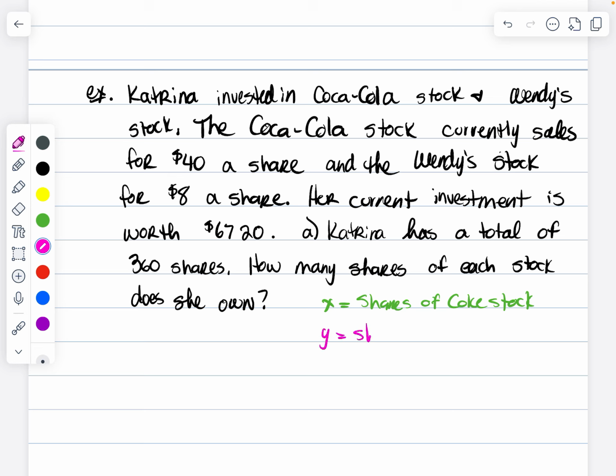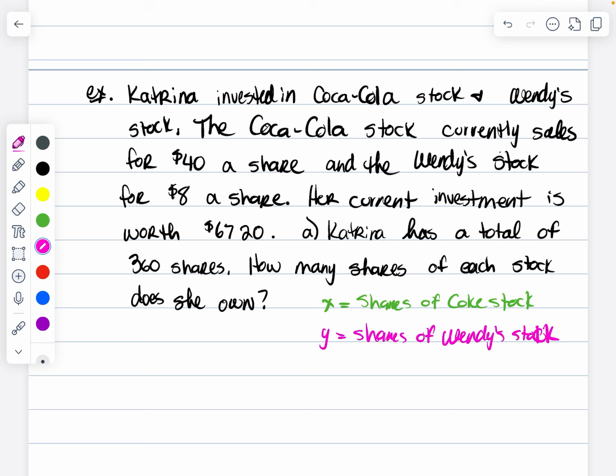And then shares of Wendy's stock, we let that be our Y, right?